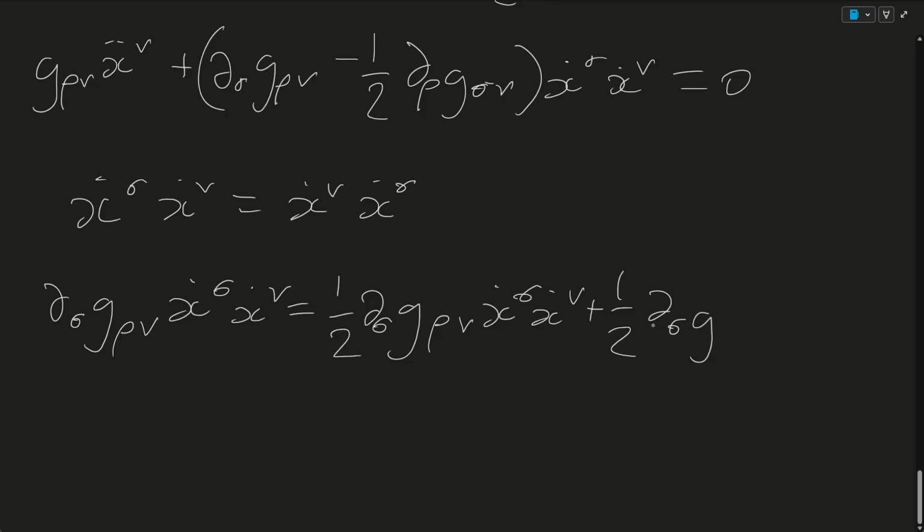And remember, this is just our shorthand notation for the derivative with respect to the subscripted variable. Rho nu x dot sigma x dot nu.